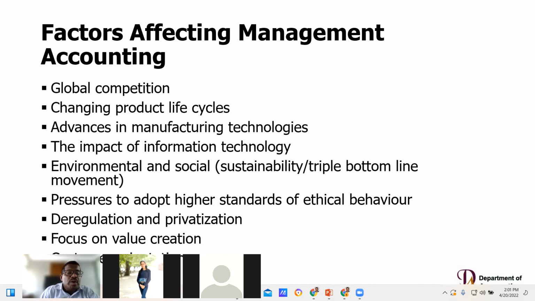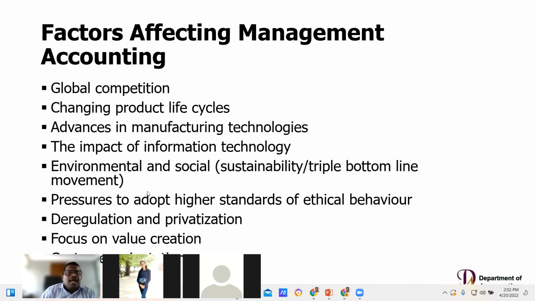Human involvement is very low. Then the impact of information technology, especially IT. IT means telecommunication and internet-related matters. Then environmental and social factors, which I think you listed.